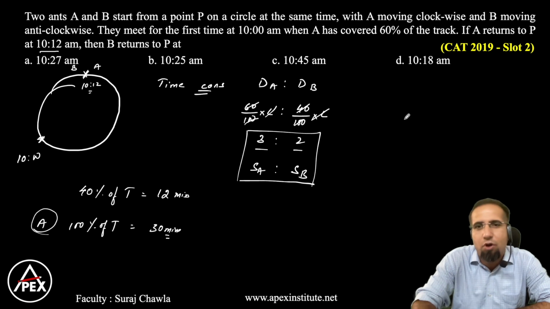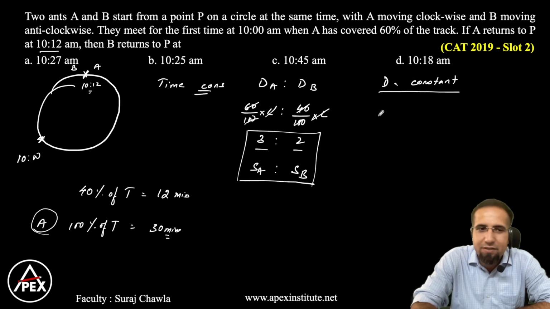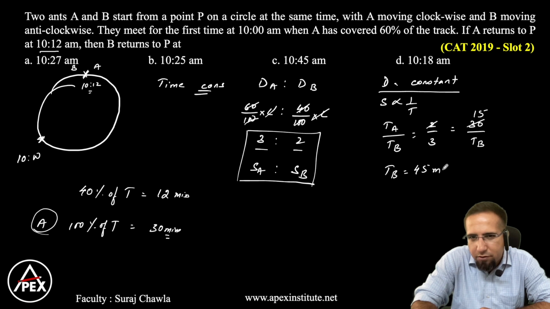Now tell me, when distance is constant, I know that the ratio of speeds is inversely proportional to the ratio of time. So can I say the time taken by A divided by the time taken by B to cover one complete track is going to be 2:3? And I know that A takes 30 minutes. I do not know the time taken by B. So 2 ones are 2, 15s are 45. So the time taken by B becomes 45 minutes.